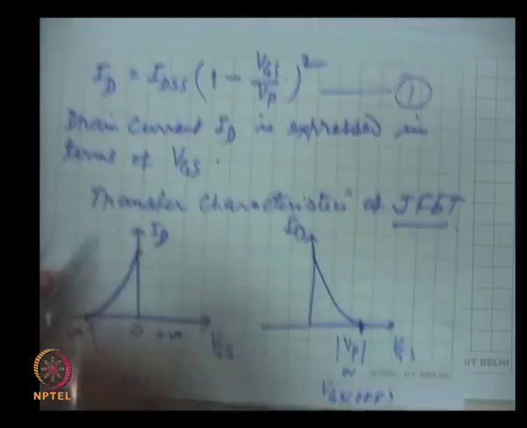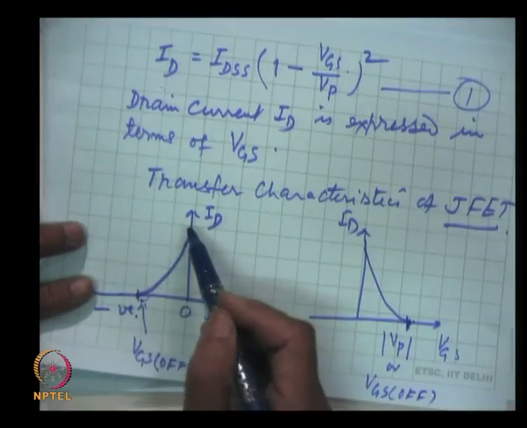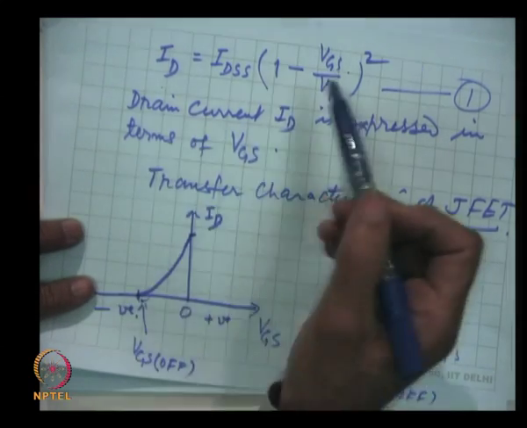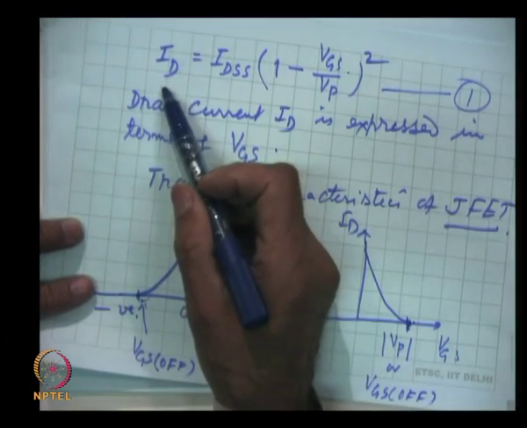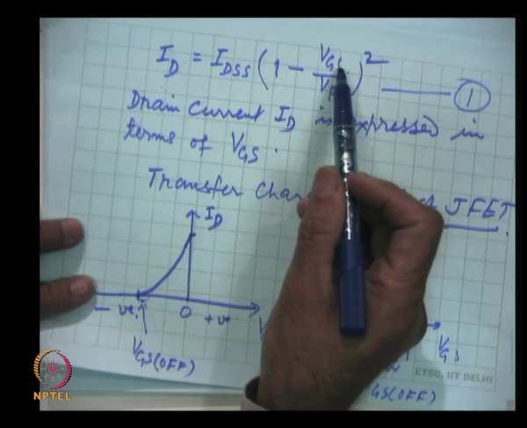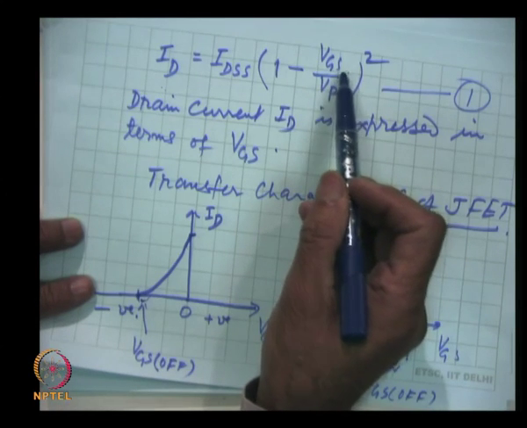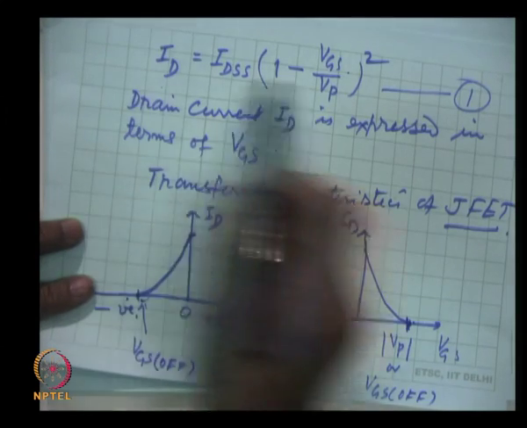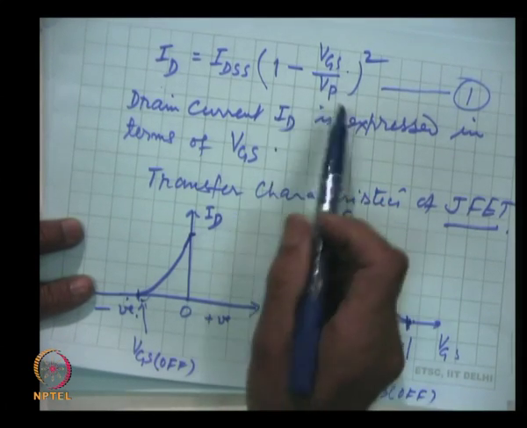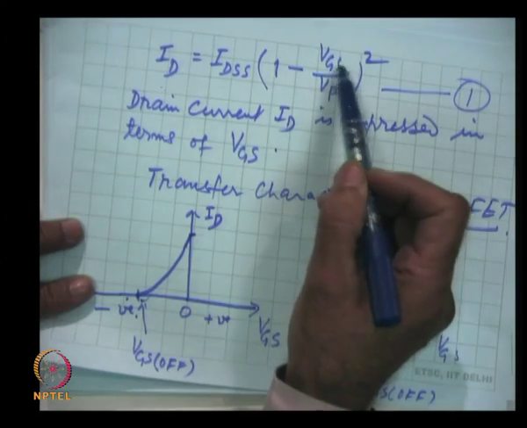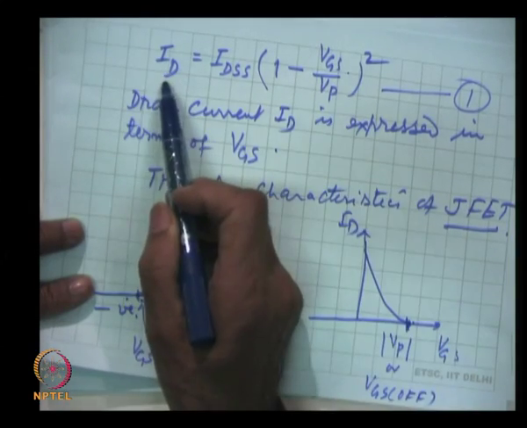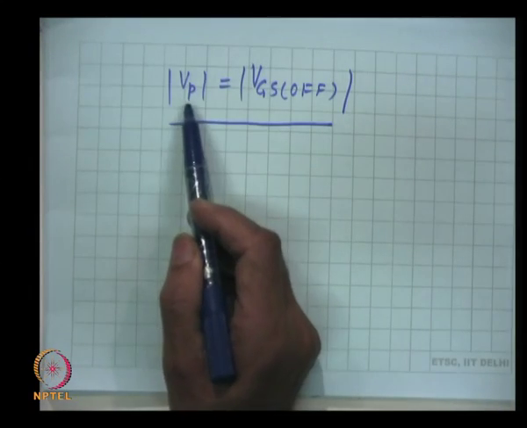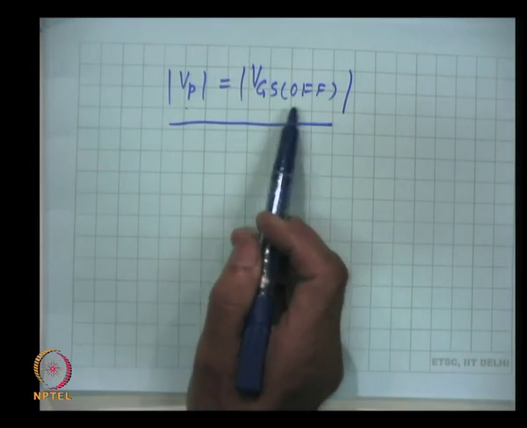Followed from this curve, we are getting this plot, and if we plot changes in ID as a function of changes in the gate source voltage, then this is parabolic behavior, which is expressed by this equation. We also see here that VGS off makes ID 0, and that gives, right from this equation, Vp equal to VGS off.